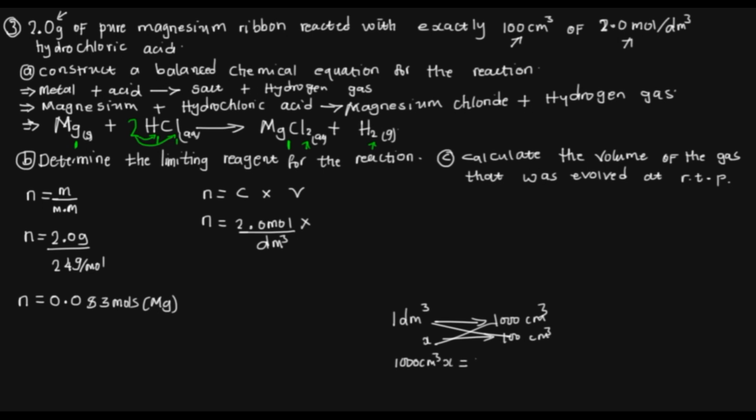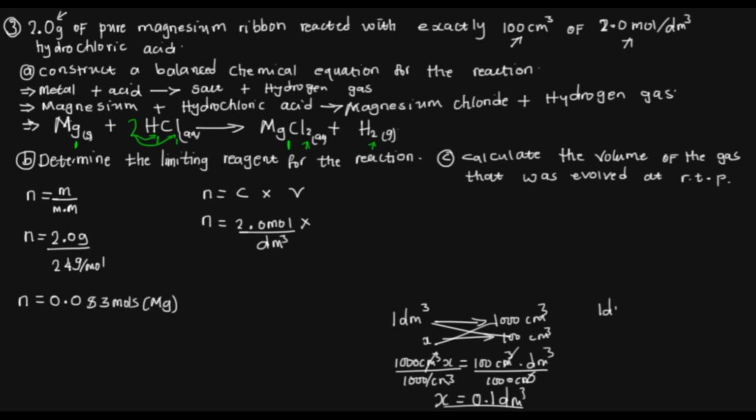Then we divide by 1000 cubic centimeters, so that when we cancel, we get 0.1. So this comes to 0.1 decimeter cubed.